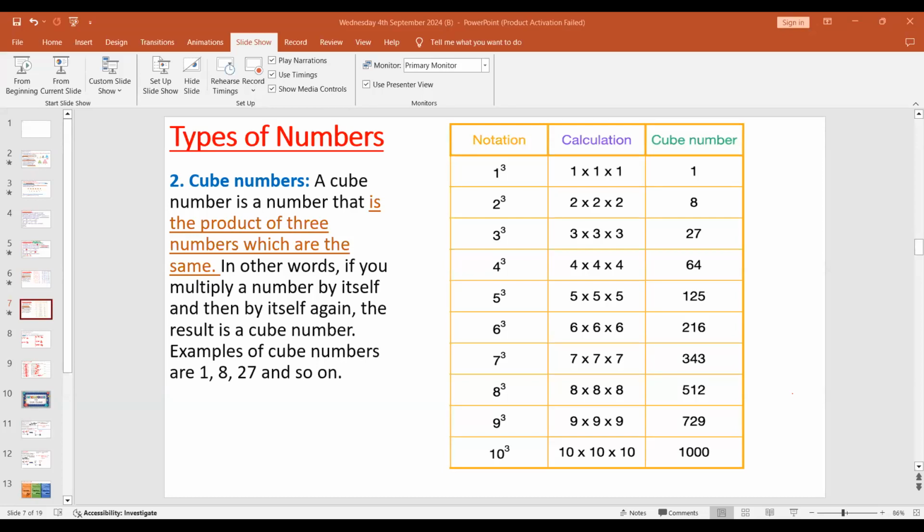Excuse me, Mr. Petit. Your screen is still on types of numbers. My screen is still on types of numbers. So let me stop sharing and share again.